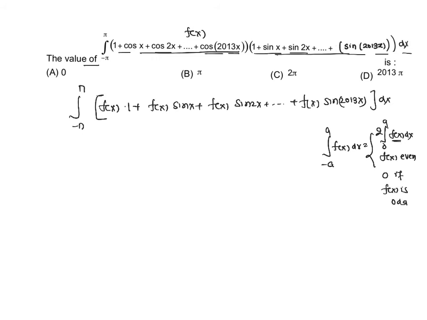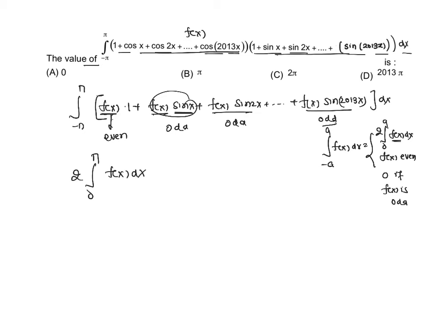So f(x) is even, and even into odd will be completely odd. Similarly, this will also come as odd only, and this will also come as odd only. That means this integration minus pi to pi will become 0, and this is even, so this will become 2 times 0 to pi f(x) dx. The other terms will become 0.